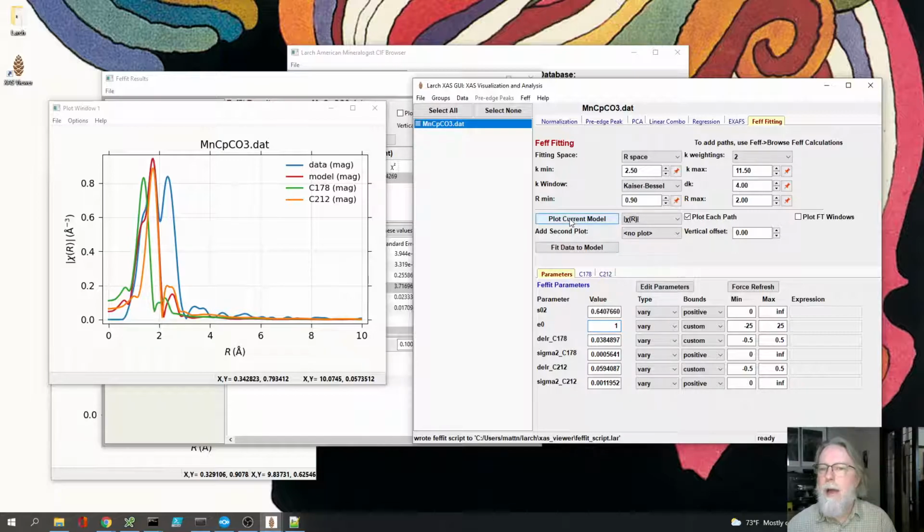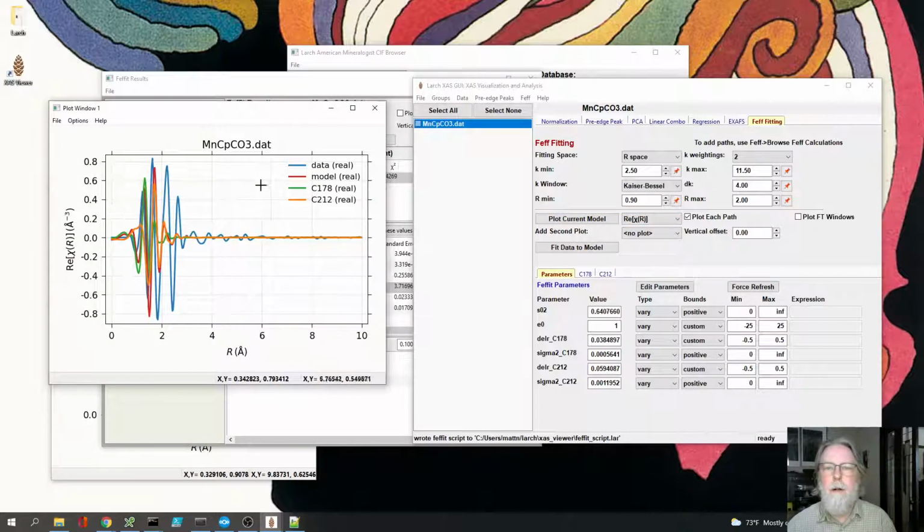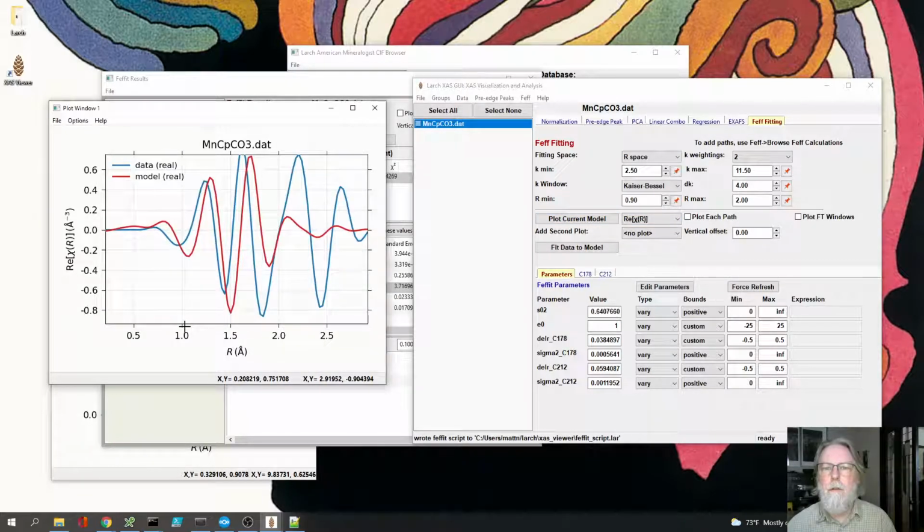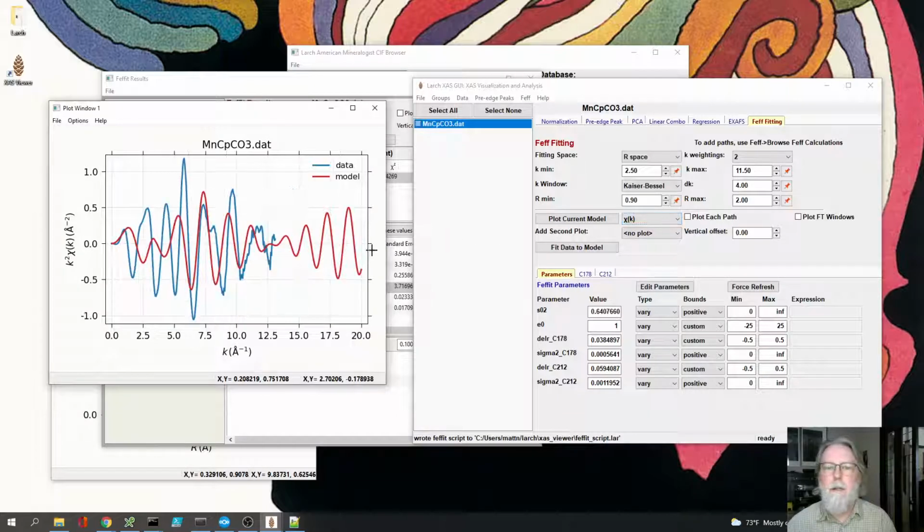If I plot that with all of the parameters as fitted, but the E0 is 1, that's not a very good fit, especially when I look at that in the real part of chi of k without the paths, maybe. That's not a good fit. They're almost out of phase. And if I look at that in k-space, there's definitely something odd. That doesn't look quite right.